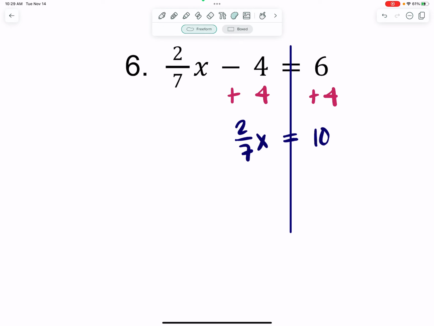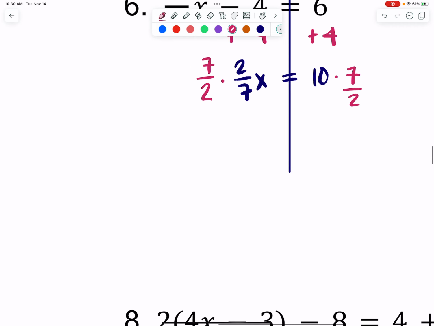But when we had a fraction as a coefficient, we multiply by the reciprocal. So that means we flip over the fraction and multiply by that on both sides. That means that x is going to be 70 over 2. So x is 35.